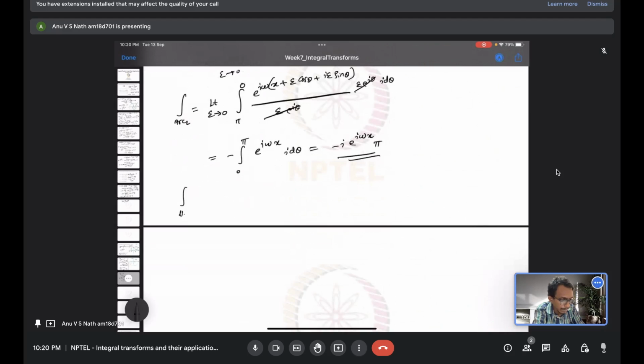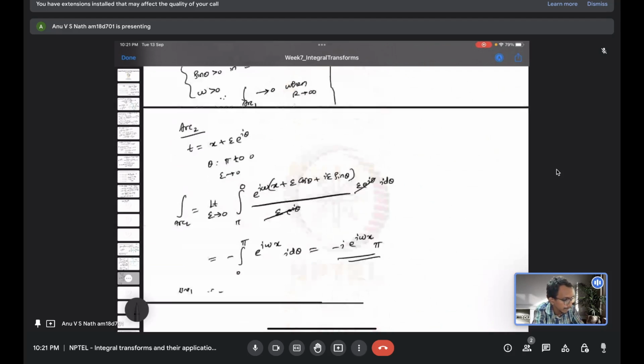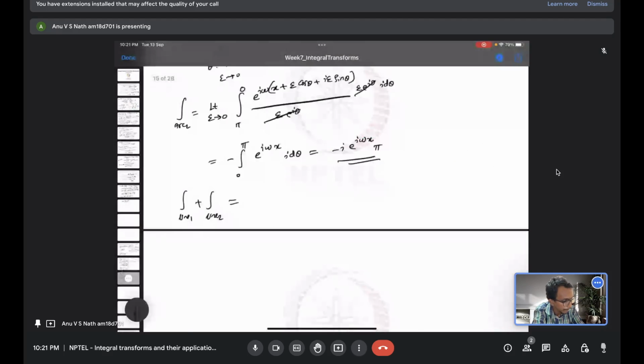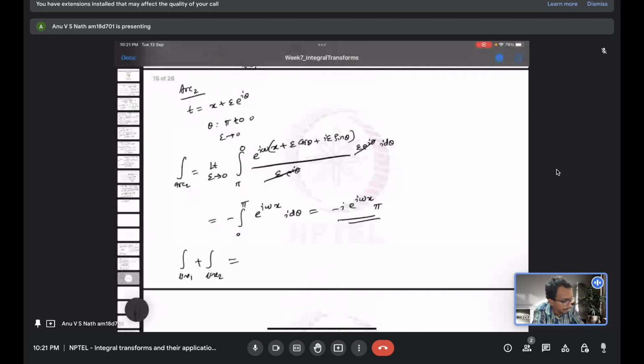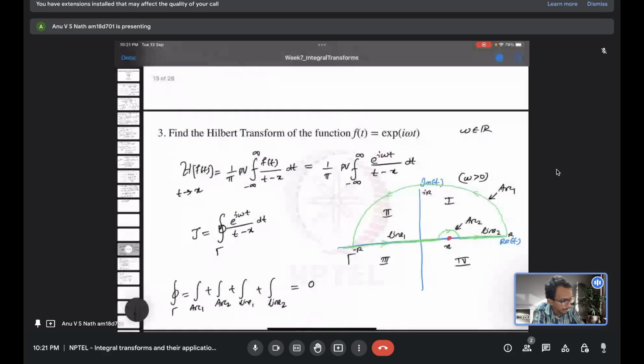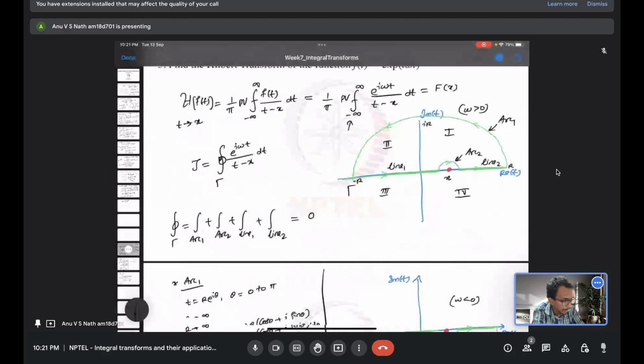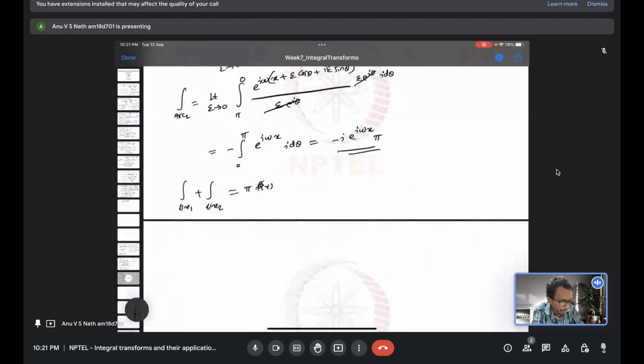Now line 1 plus line 2, you can see they combine and give the expression that we actually want. Let's say this is capital F of x, from the definition.